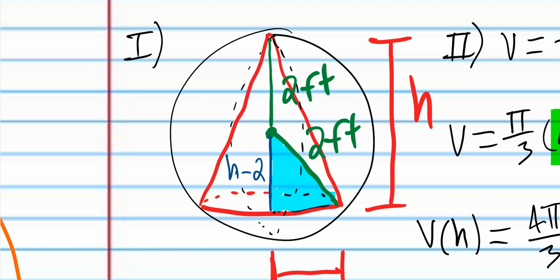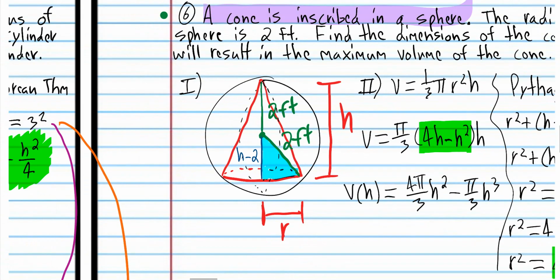But this yellow distance here, that's also the radius of the sphere. So if you want this blue distance here, that's going to be the height, the yellow distance, minus this leftover radius part, so h minus 2. So if you had some trouble with that, that's okay, but that's how you do that.